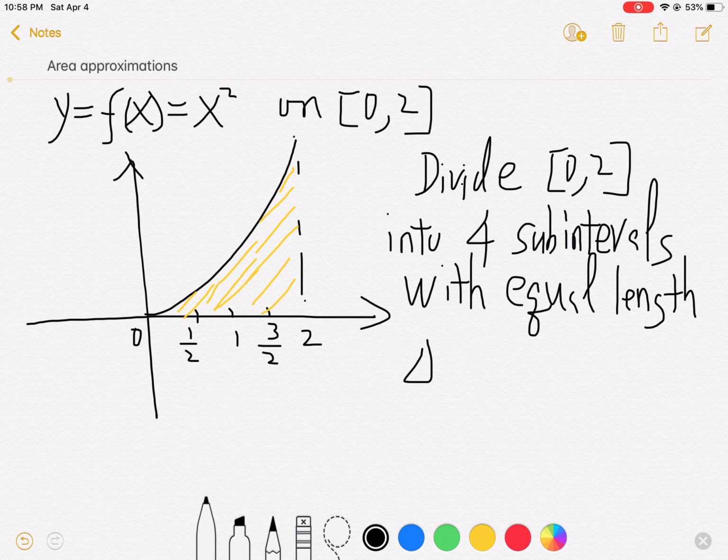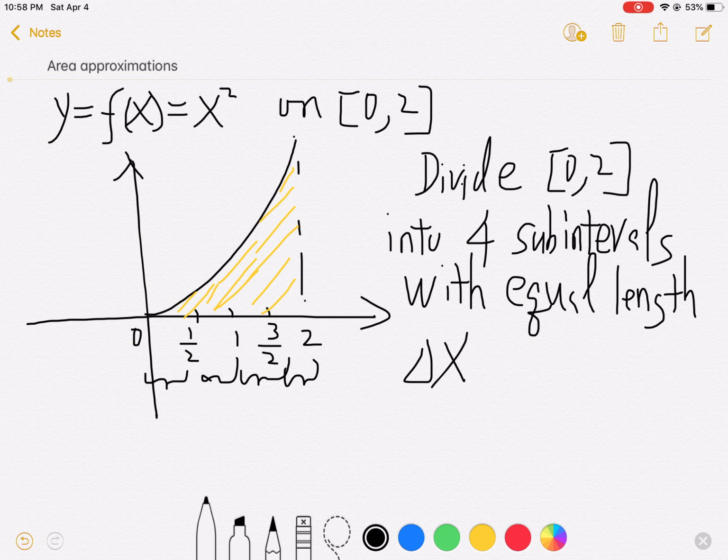We denote the equal length with delta x. So for this one, we divide into 4 intervals. One interval is from 0 to 1/2. This is the first one, this is the second one, right? This is the third one, this is the fourth one. For each interval, they have the same length, which is 1/2, right?